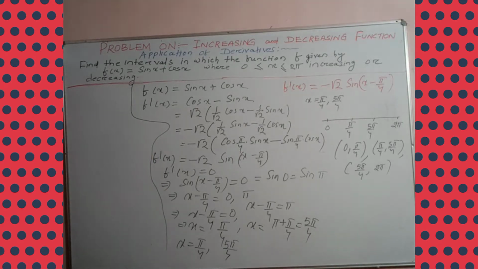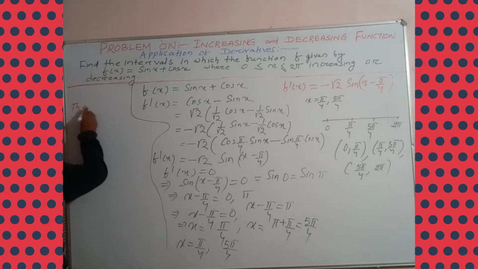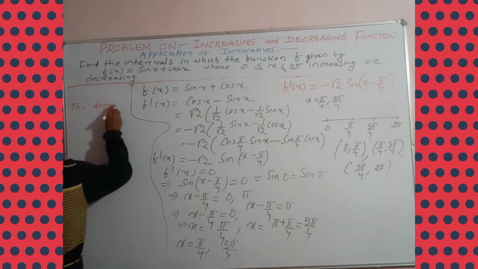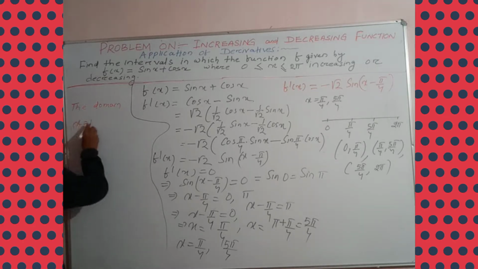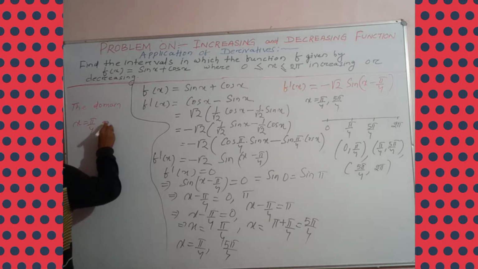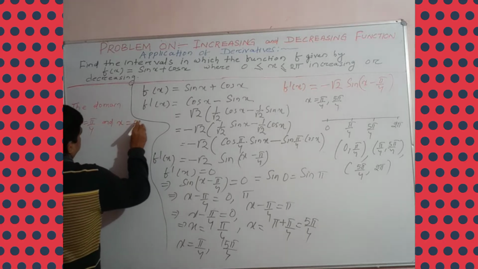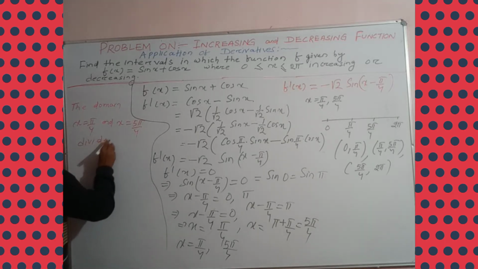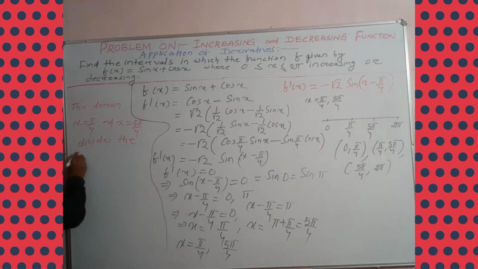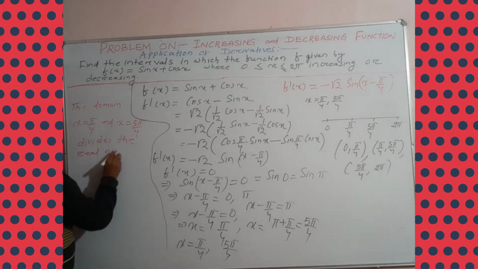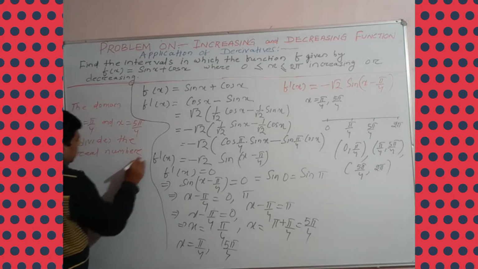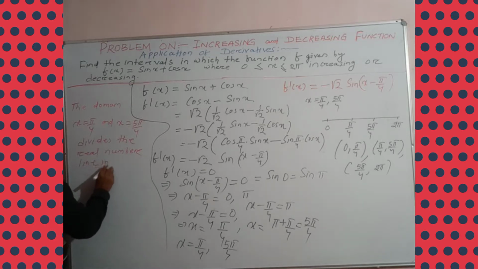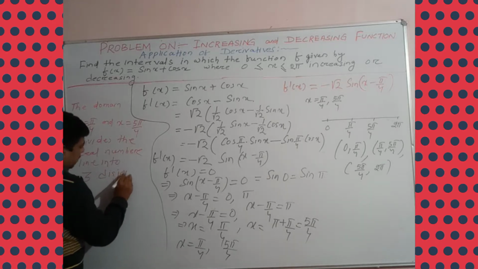Hence, the points x is equal to pi by 4 and x is equal to 5 pi by 4 divide the real number line into 3 disjoint intervals.